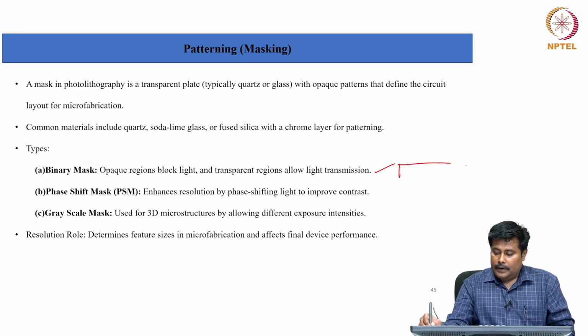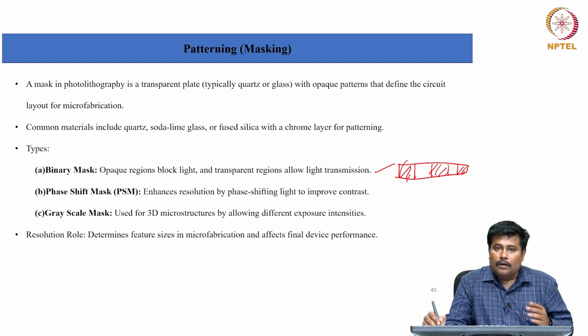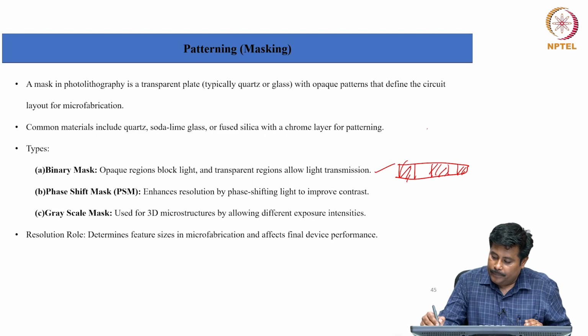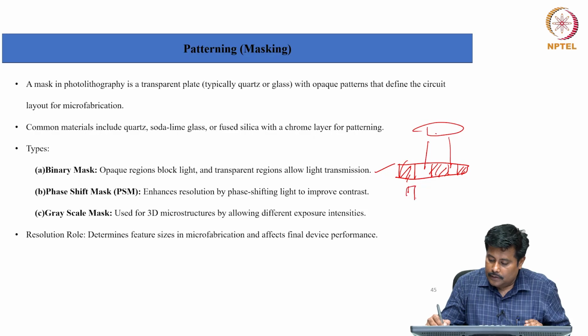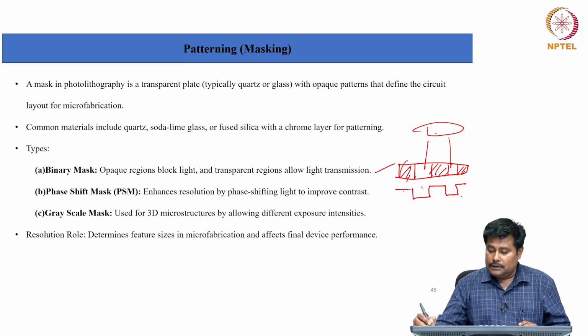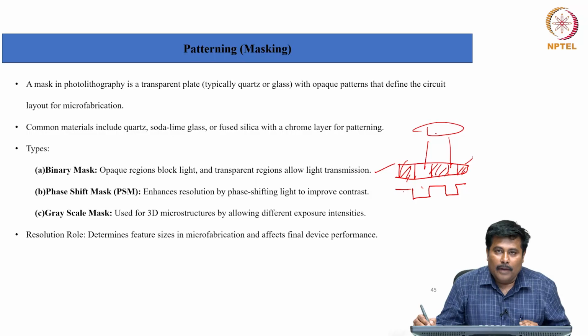For example, if I need to create a mask with a pattern, this is a kind of binary pattern I can exhibit, and when I expose it, the light falls on it, and finally it ends up in a textured pattern, something like this. So, this is an application of a binary mask.